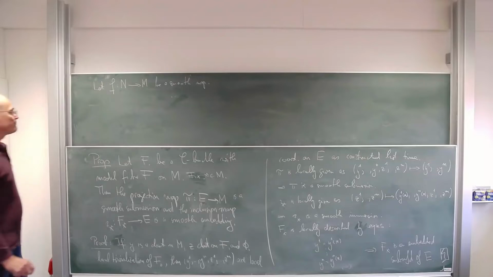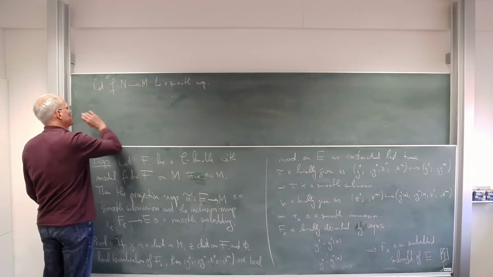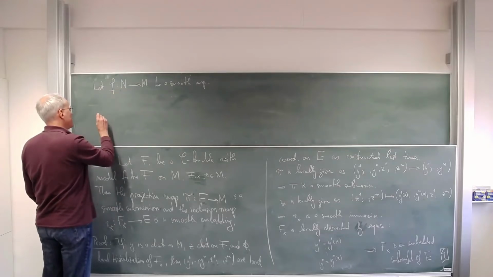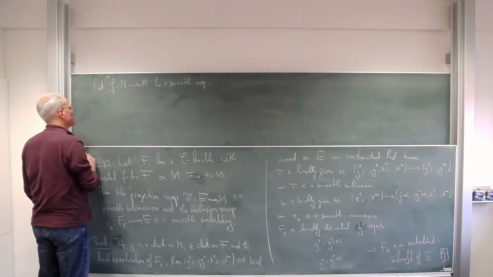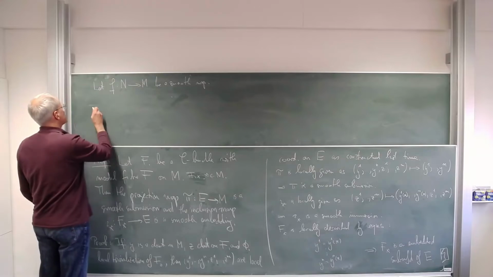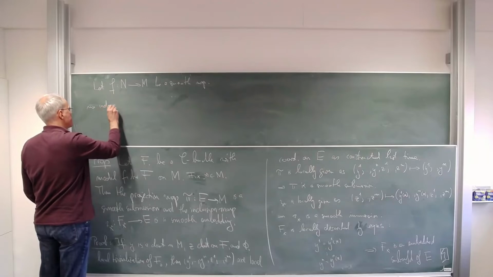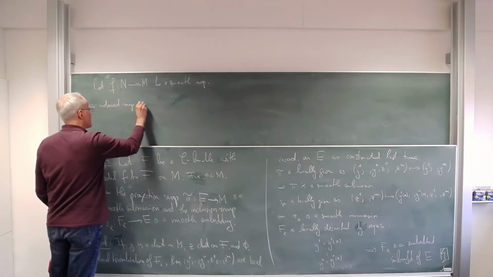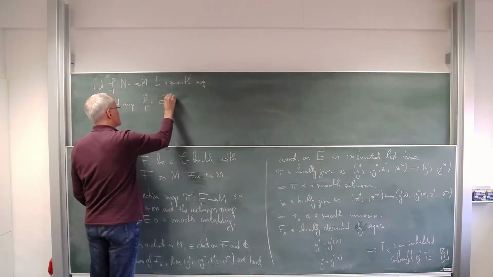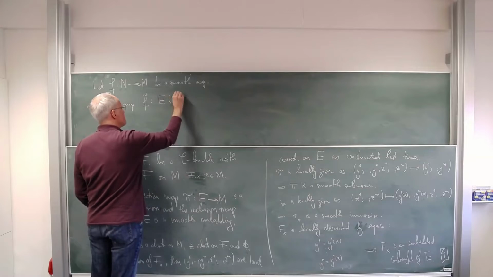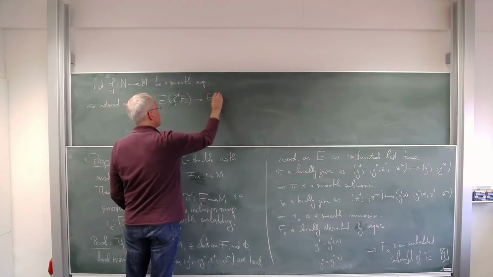Now, if I look at the total space of the pullback bundle, then I get a map from the total space over N to the total space over M as follows. We get an induced map, let me call it F tilde, which is defined on the total space of the pullback bundle to the total space of the original bundle.